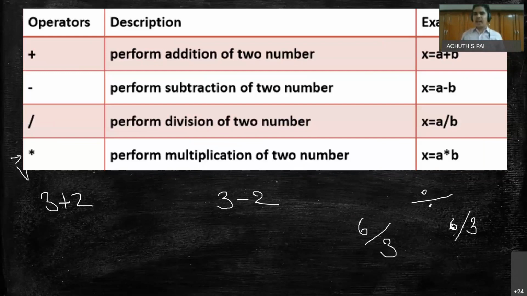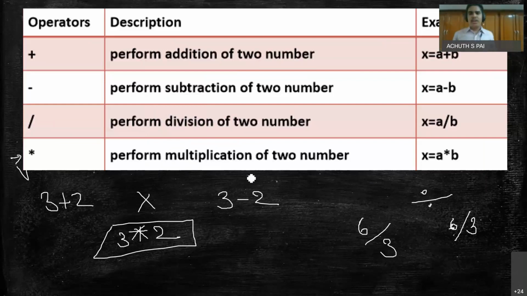In maths, when we write, we usually use something like an x. But here we need the x to type words and other things, so we use a star. If you want to multiply 3 by 2, this is how we do. 3 star 2. Now let us move on to the second portion of the arithmetic operators.